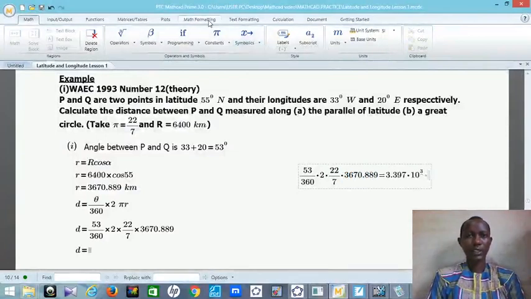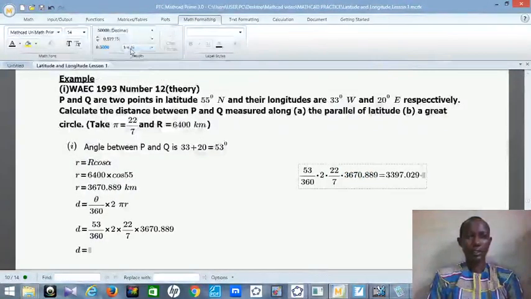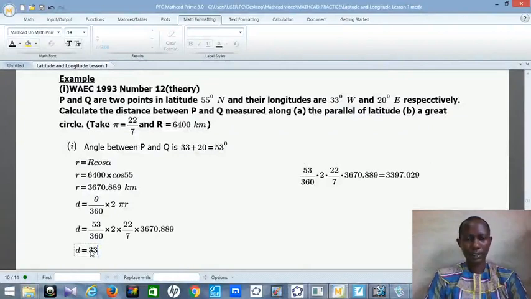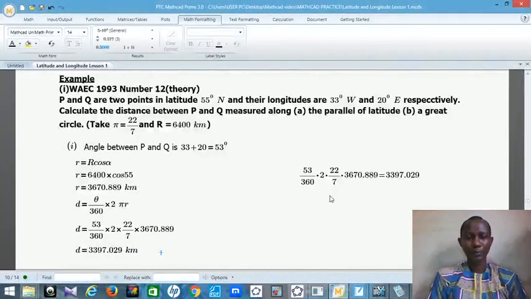So it's giving us that. Let me put it in decimal. Okay, so the answer is 3,397.029 kilometers. That is the answer along the parallel of latitude. So you have found this one now.